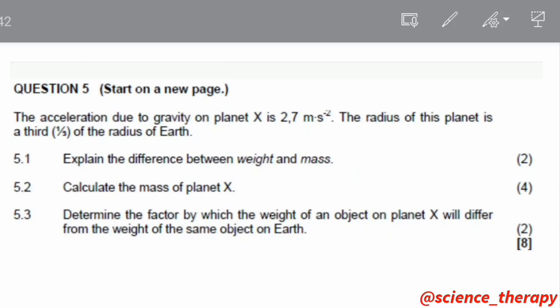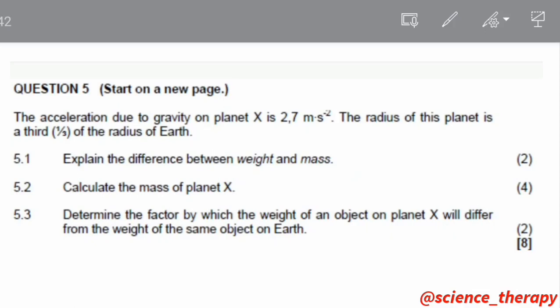Then 5.1 says explain the difference between weight and mass. That is a good question. Generally speaking, you hear people saying they have a weight of 78 kg, 60 kg.